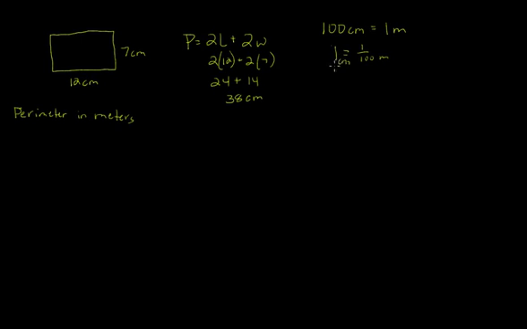So 38 centimeters is 38 out of 100 of a meter, which is 0.38, 38 hundredths. So we need to know that there's 100 centimeters in a meter. If this added up to over 100, then it would be 1 point something.